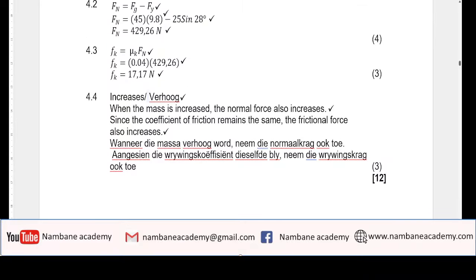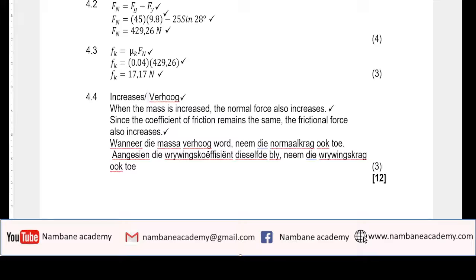4.4. How will the magnitude of the frictional force calculated in question 4.3 change if the girl is now replaced with a boy that has a higher mass? Only increase, decrease, or remain the same? Explain your answer. So it's increase, 1 mark for increase. The following mark: when the mass is increased, the normal force also increases.